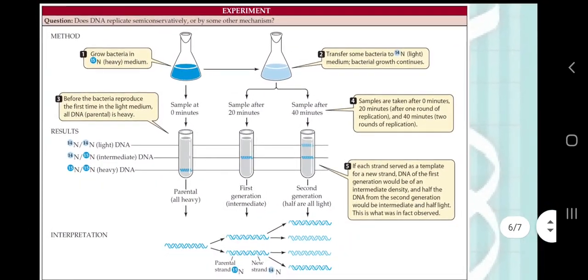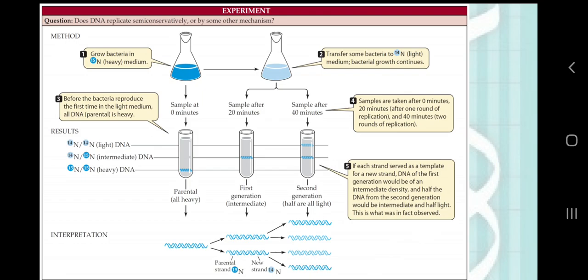I will briefly revise and then I will conclude my video. So what happened in 1958, Meselson and Stahl conducted an experiment by using 14N and 15N, which are light nitrogen and heavy nitrogen. How was he able to incorporate these nitrogens in the DNA?